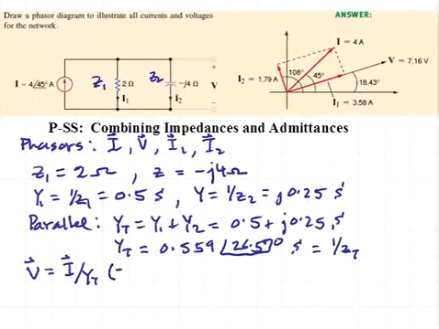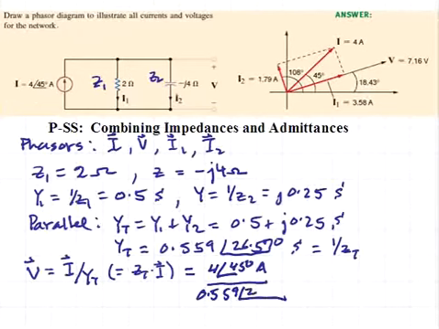The result is V is equal to 4 at an angle of 45 degrees for the current divided by 0.559 at an angle of 26.57 degrees for the impedance.